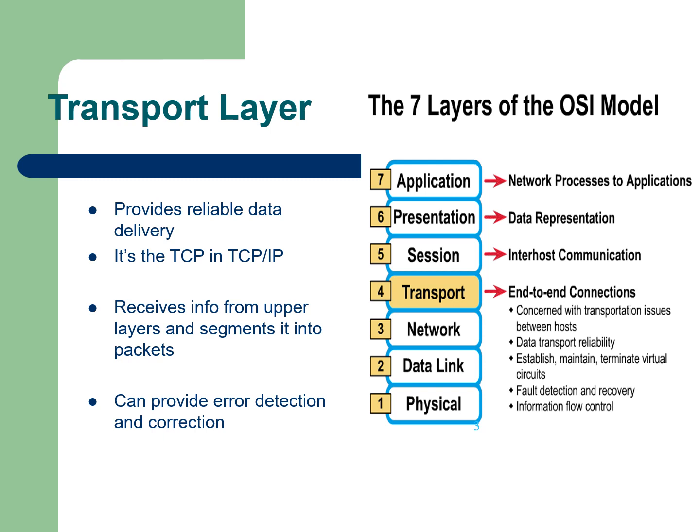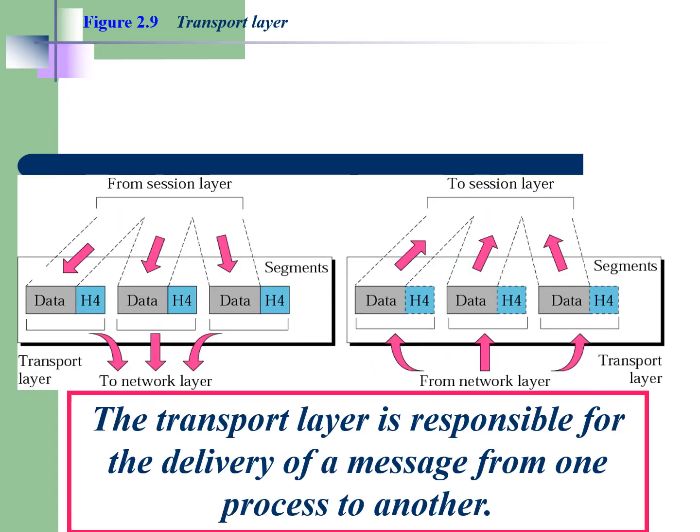But the transport layer ensures that the whole message arrives intact and in order, with error control and process control. The functions in the transport layer are port addressing, segmentation and reassembly, connection control, flow control, and then error control.